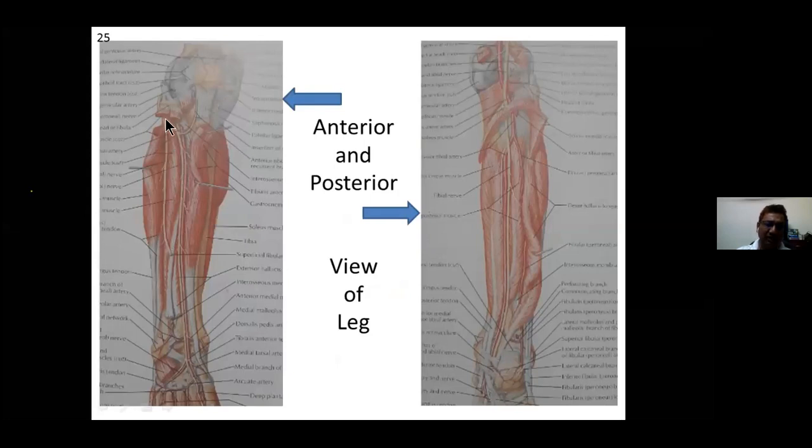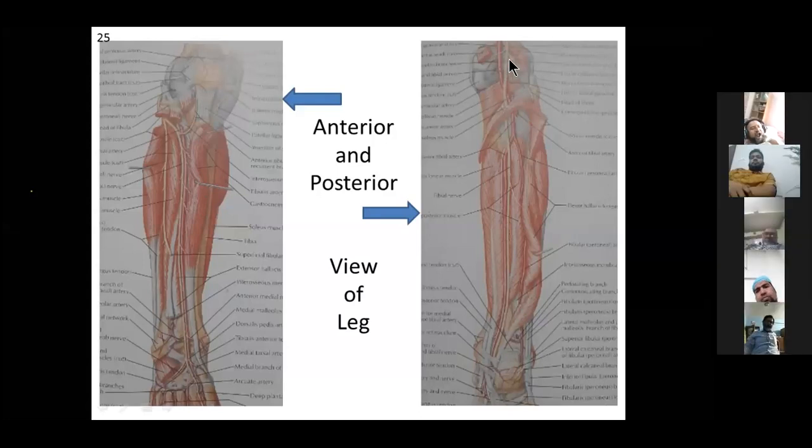The superficial nerve runs here, and the deep peroneal nerve runs with the anterior tibial artery midway of the leg, posterolaterally to the tibialis anterior muscle. And in the posterior view, this is the soleus muscle.